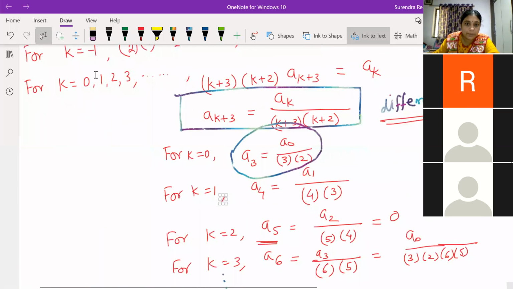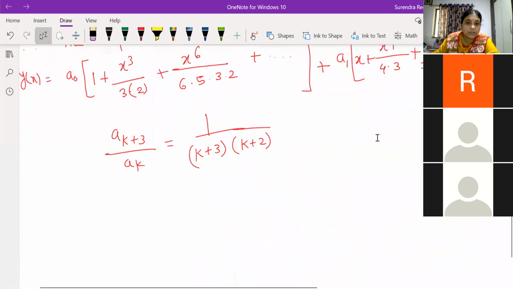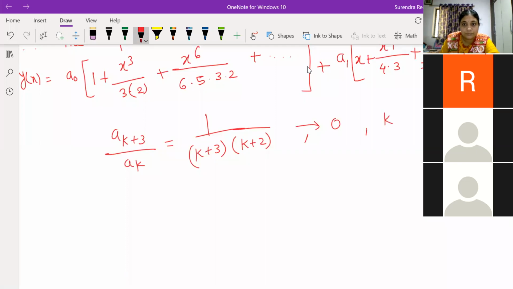If I write this as A(k+3) upon A(k), I will get 1 upon (k+3) into (k+2). So as k tends to infinity, it will tend to 0. So by ratio test, I can say this series solution converges.